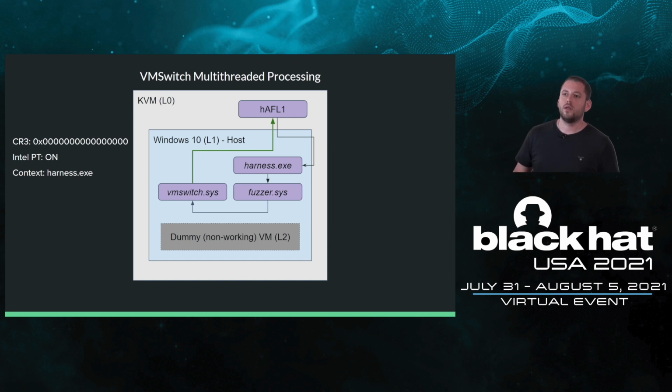So we have hAFL1 with our harness executable. We have Intel PT enabled because the context is our harness executable, and CR3 is obviously assigned to the harness executable. Now we'll send the packet to the fuzzer driver, to the harness driver, and the driver will actually call the handler Ndis send message.